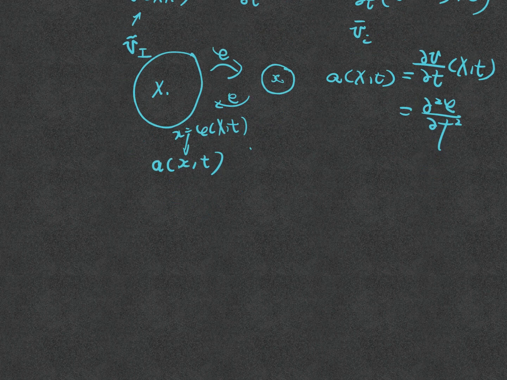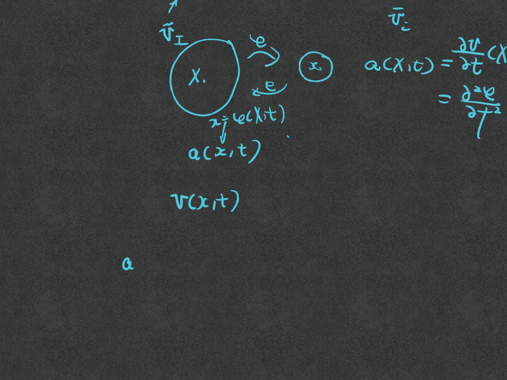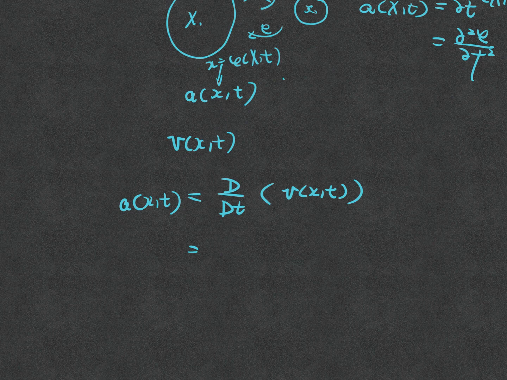So let's see that from the velocity point of view. That is defined like that, okay? And now I want to define the acceleration, which is a derivative. I would use the total derivative of v(x,t). Then what would happen is that I would need to compute the current velocity with the deformation configuration fixed.